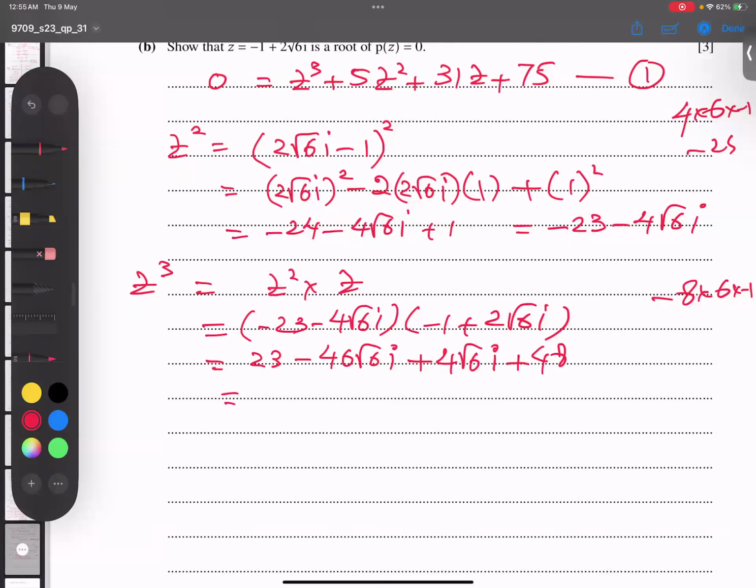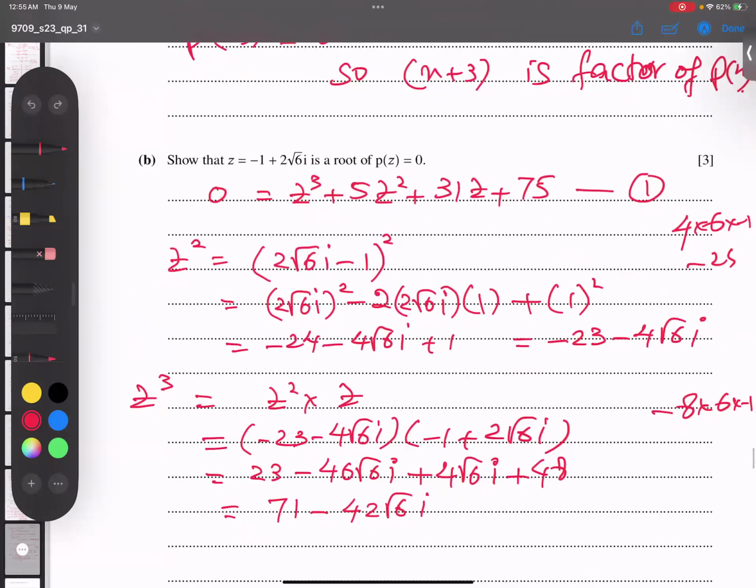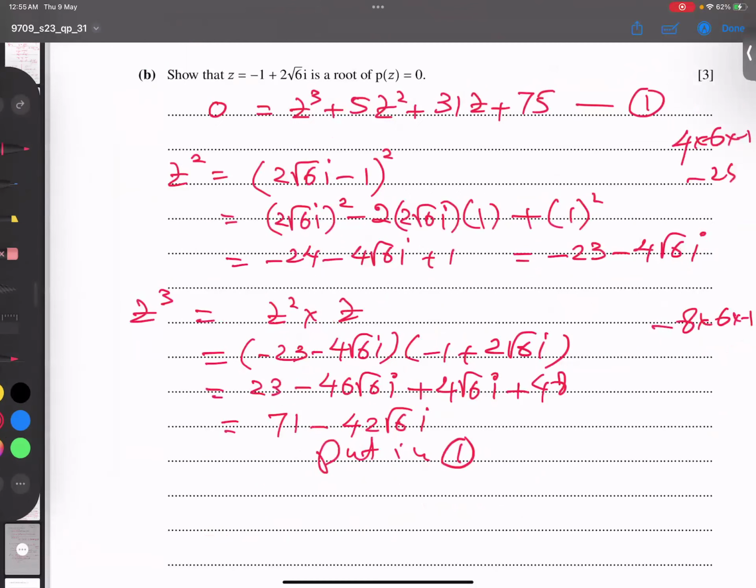And 48 positive and plus 23, I get 71. And from 46, 4 subtract, I got 42 root 6 iota. Now, students, I'm going to plug all numbers back into equation number 1. I'm writing the statement: put in 1. So this value, I'm going to plug in for Z cube.